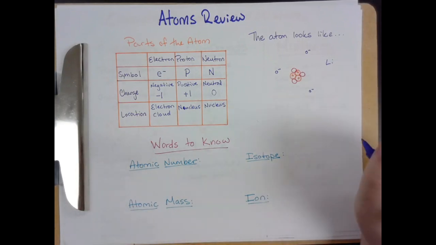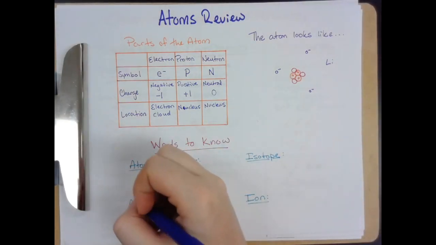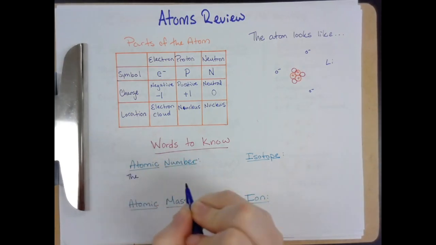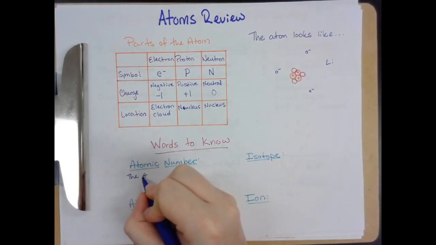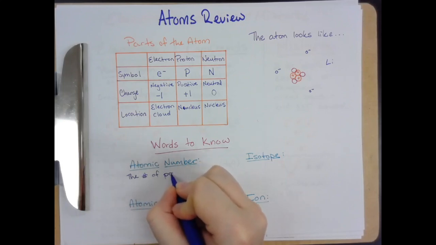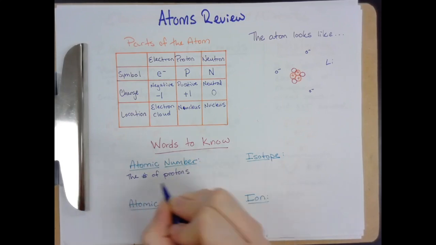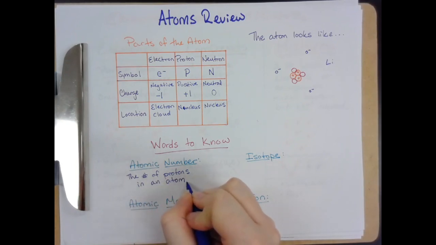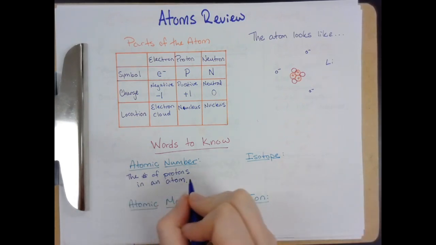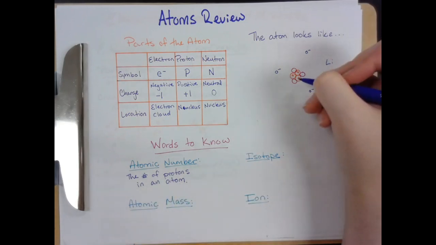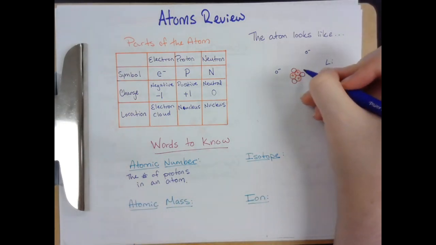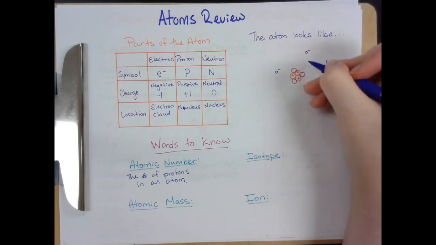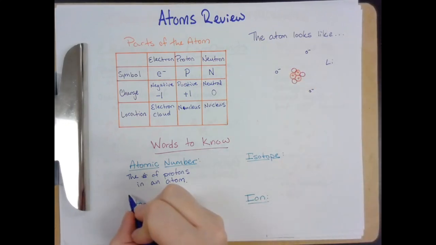A couple of vocab words to know. Atomic number is one we've gone over a lot. The atomic number is the number of protons in an atom. And one of the things we can say, the number of protons in an atom, remember how I said over here, if I've got 3 positive charges, if that atom is neutral, I need an equal number of negative charges to balance it out.